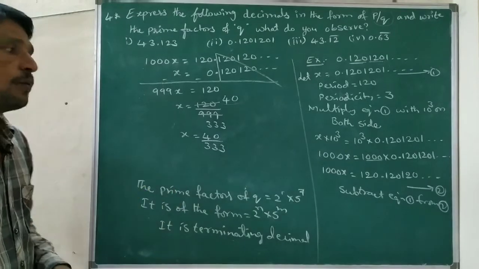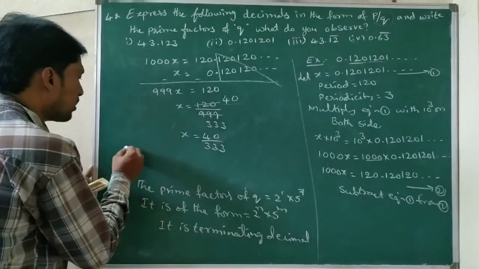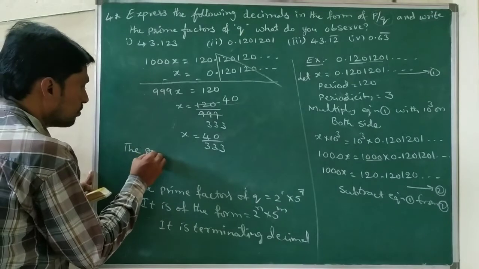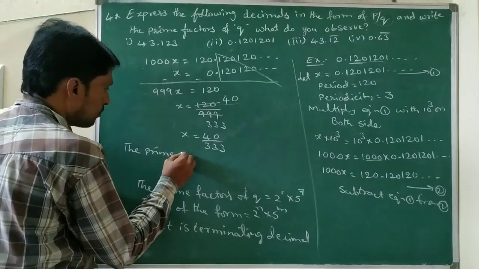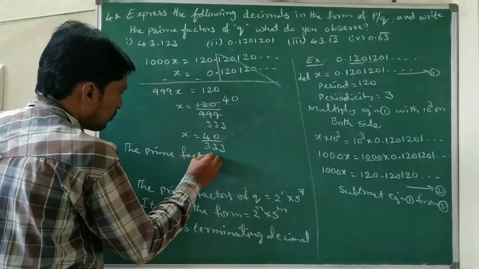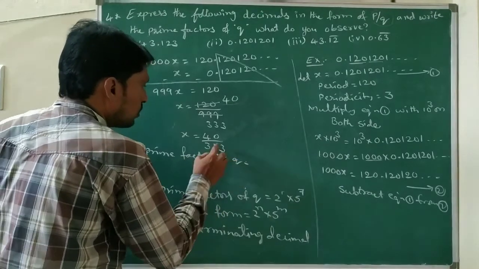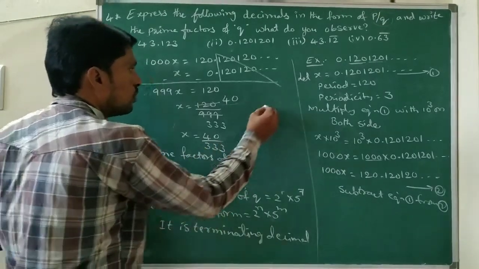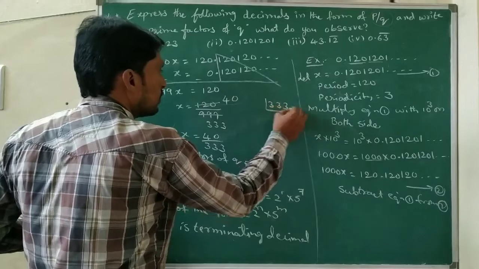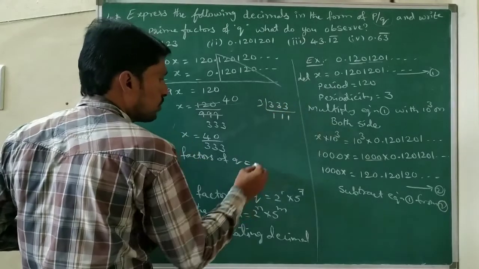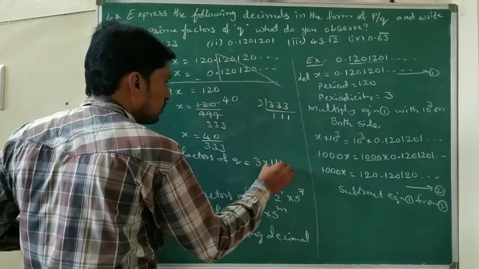So this one is in the form of p by q. The prime factors of q equal 333, which is 3 into 111.